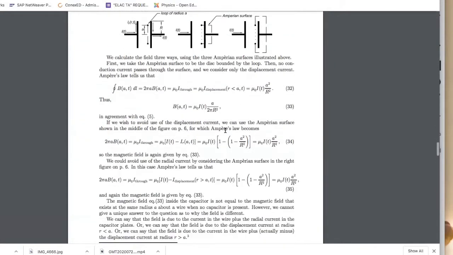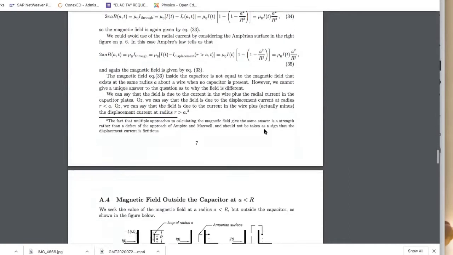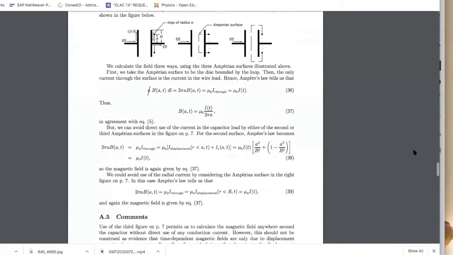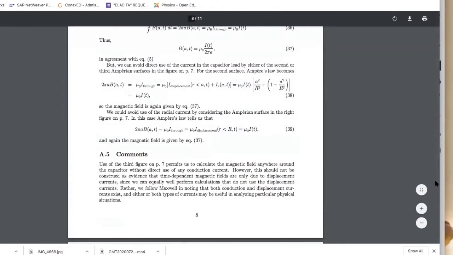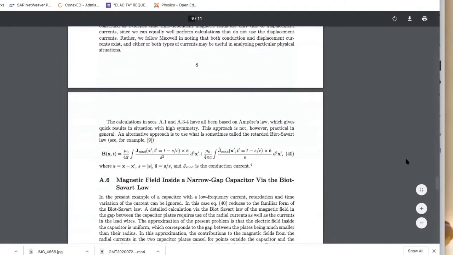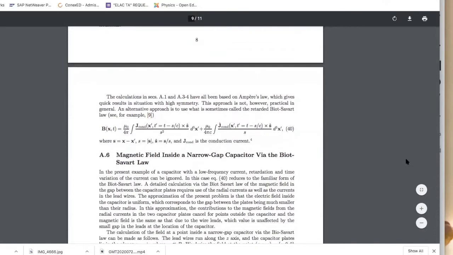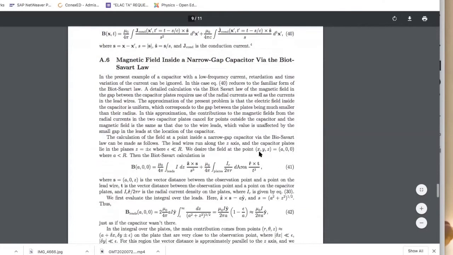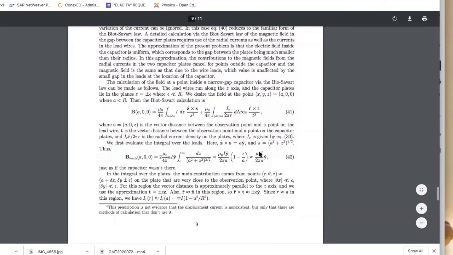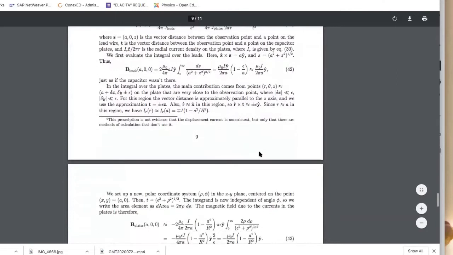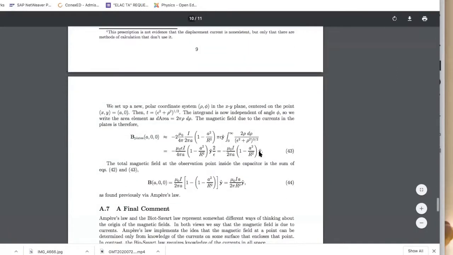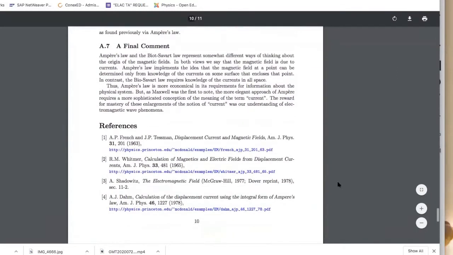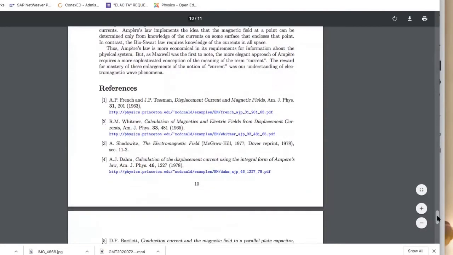Oh man, we hit it bullseye. Complete bullseye. Save this article. Magnetic field inside a narrow gap capacitor via the Biot-Savart law. They're treating it as a... awesome, man. Awesome, awesome.